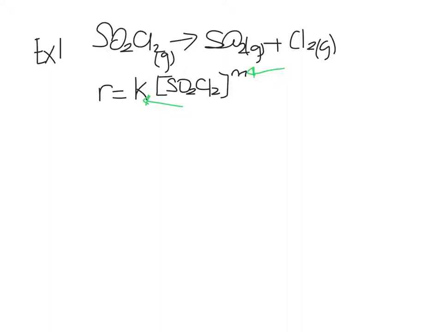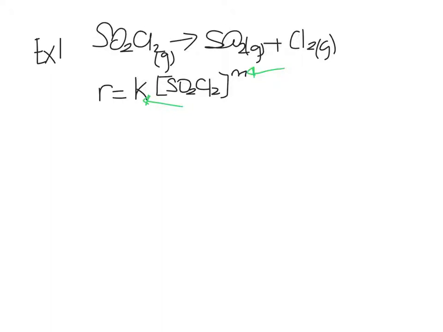So what you do is you compare two different experiments where you have changed the concentration of your reactant. In this case, let's just compare experiment 2 to experiment 1.